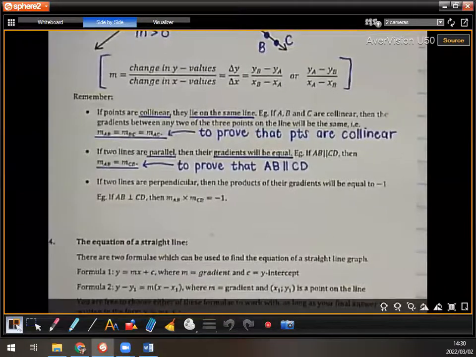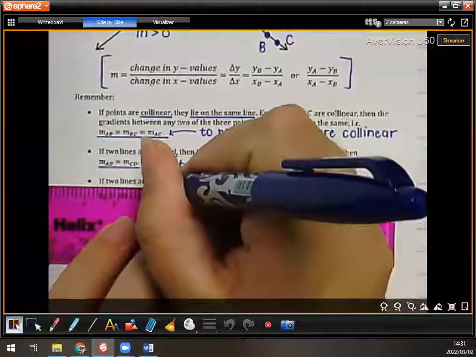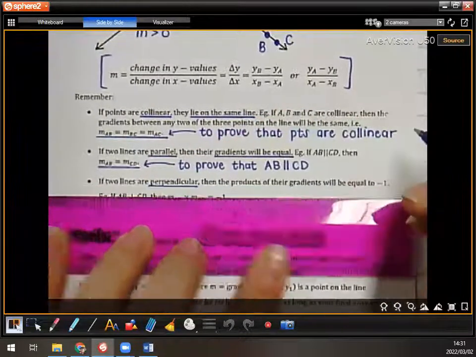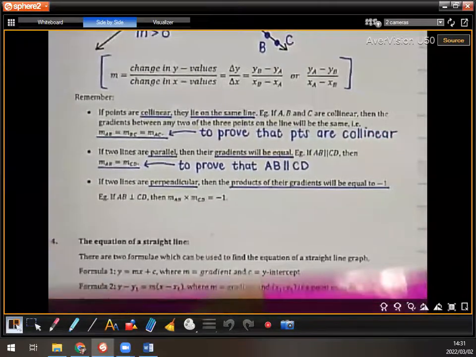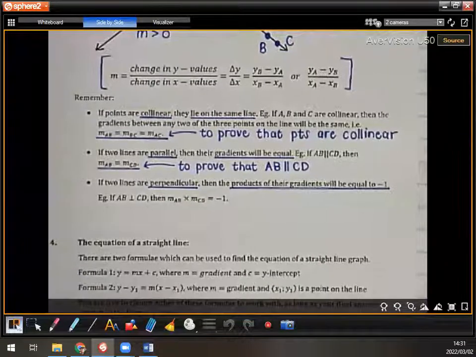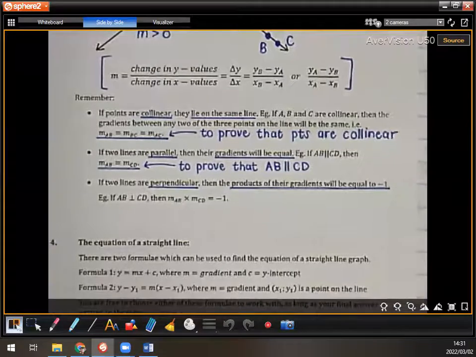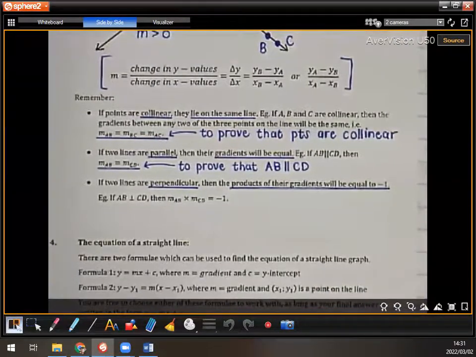Okay, then the last thing about gradients of straight lines is if two lines are perpendicular, then the product of their gradients will be equal to -1. Right, so if you have the gradient of the one line and you have the gradient of the other line, you then multiply them together and your answer is -1. That means that those lines are perpendicular.